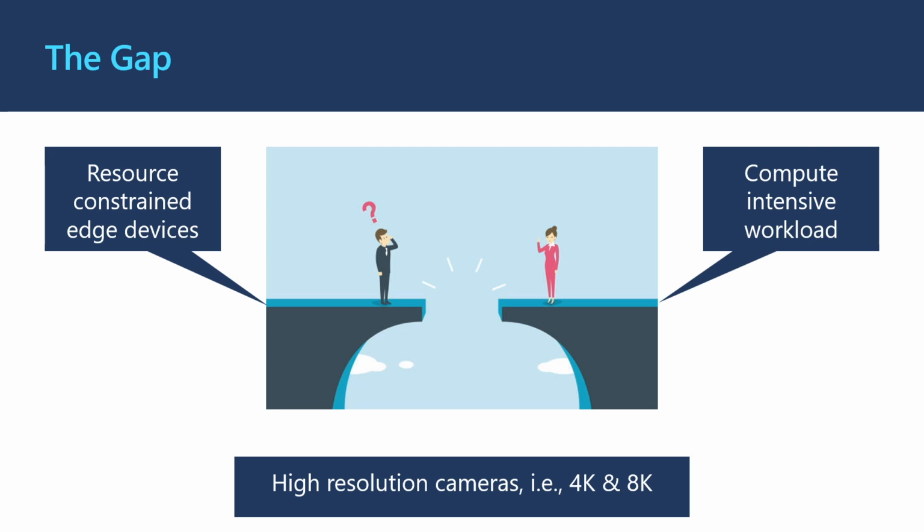However, DNNs are usually computation intensive, but edge compute is provisioned with limited resources, posing significant challenges on running such neural networks. This tension is even worsened by the ever-growing video quality from high-resolution cameras.